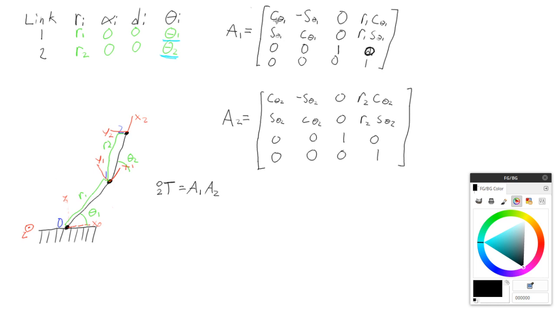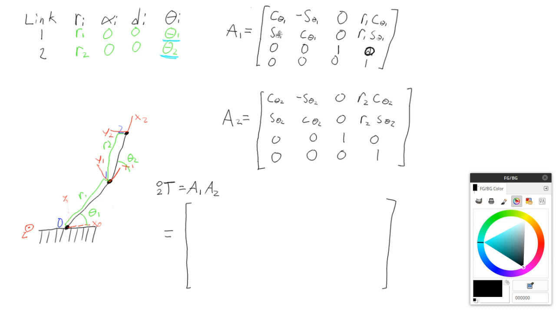So remember, the multiplication works by taking this element times this element plus this element times this element plus this element times this element plus this element times this element. And that gets you just this top corner element. So you've got to do a lot of operations for a 4 by 4 matrix. So once again, figure out this first element.